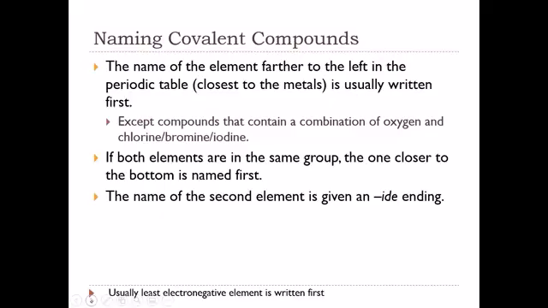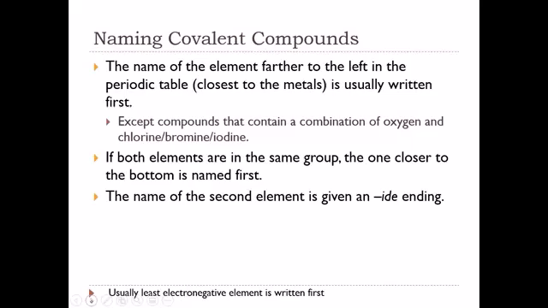The name of the element farther to the left in the periodic table, closest to the metals, is usually written first. I don't think this rule is going to be too important for us, but if you were wondering which one usually comes first. If both elements are in the same group, the one closer to the bottom is named first. Again, not too important.